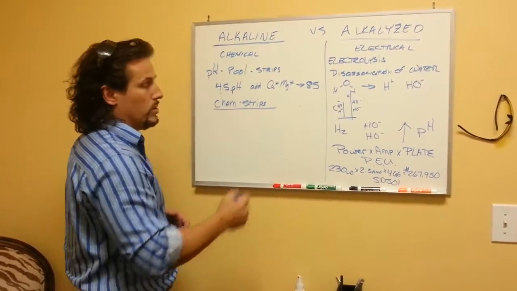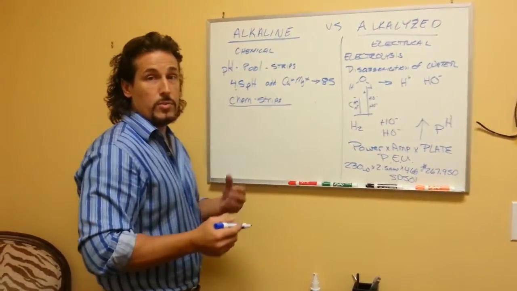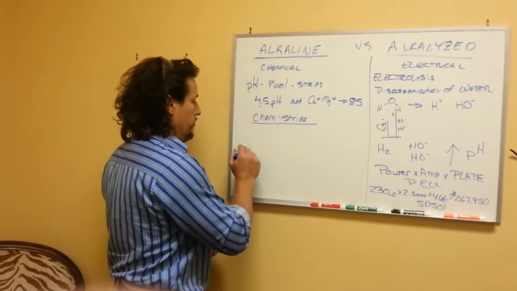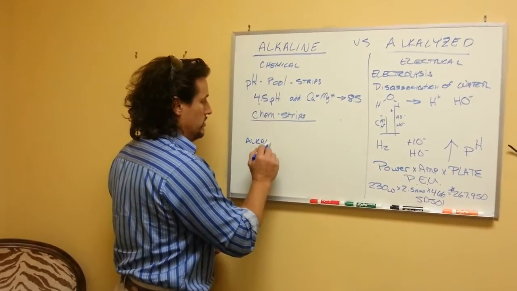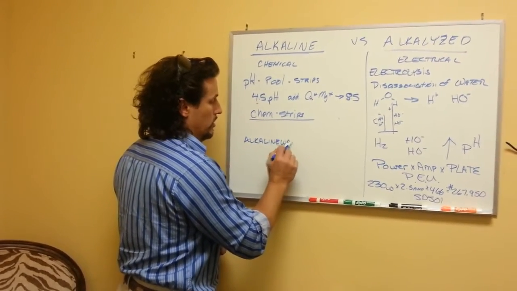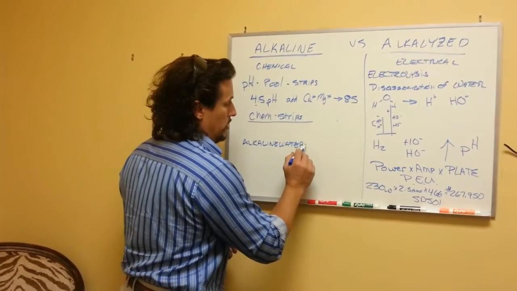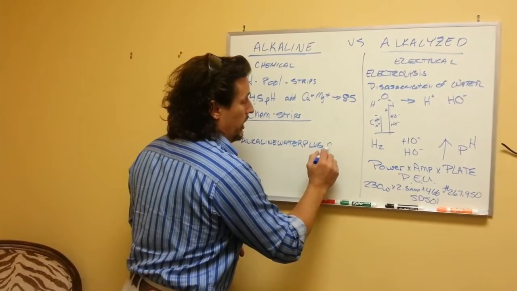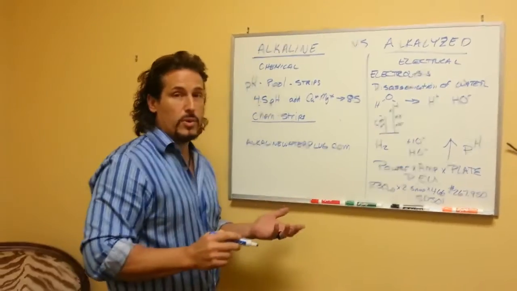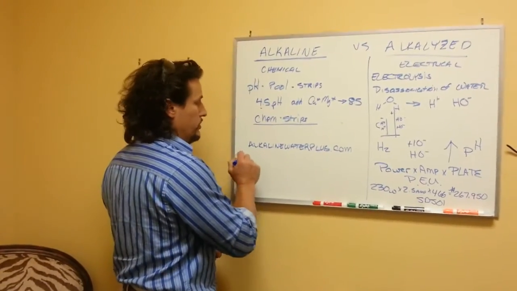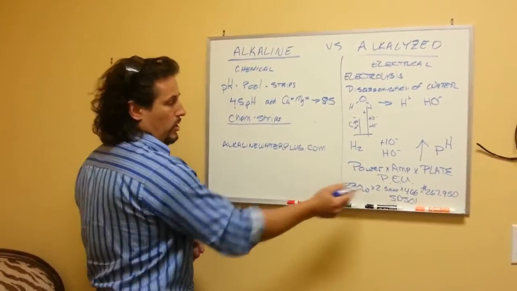I recommend, if you want to look and compare these other units and what they're trying to do, Alkaline Water Plus has a great website. It's actually a competitor's website, and it proves the power output.